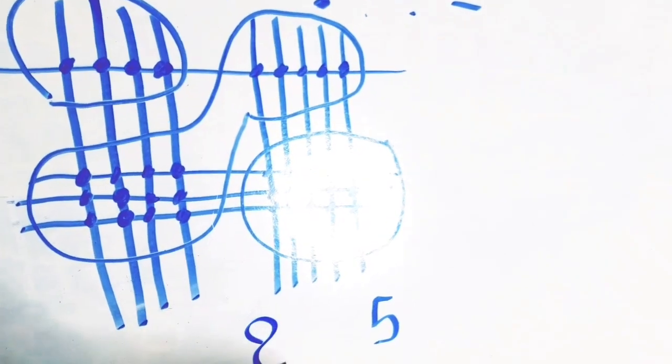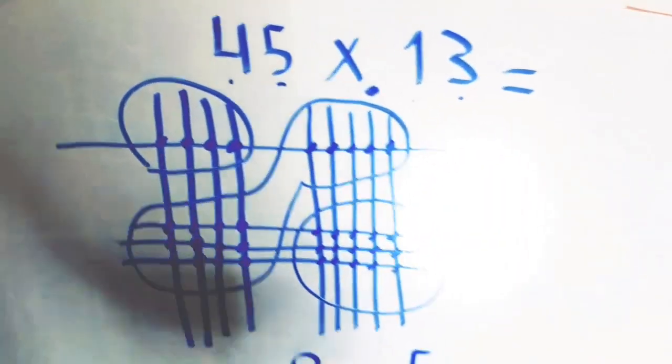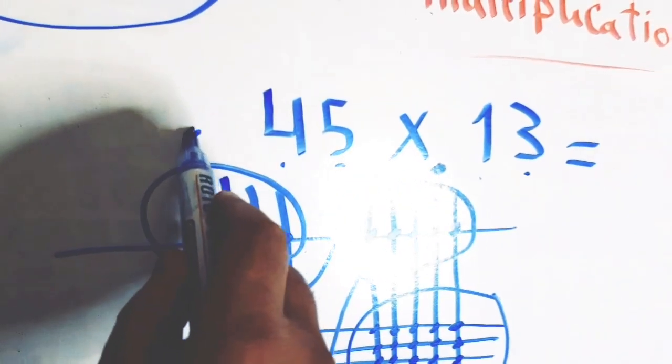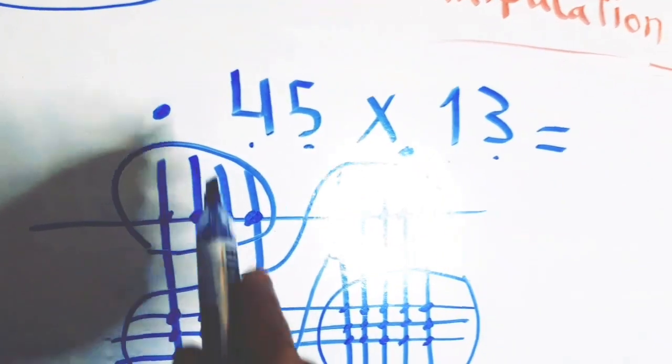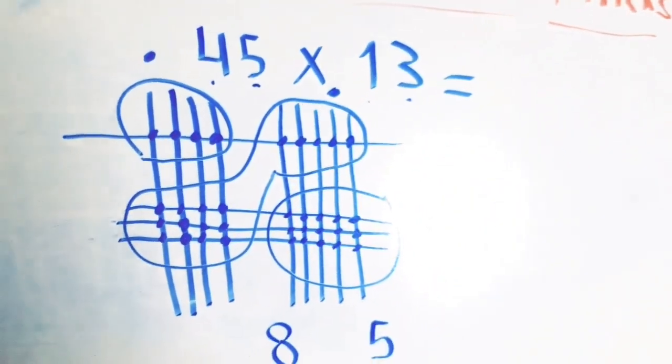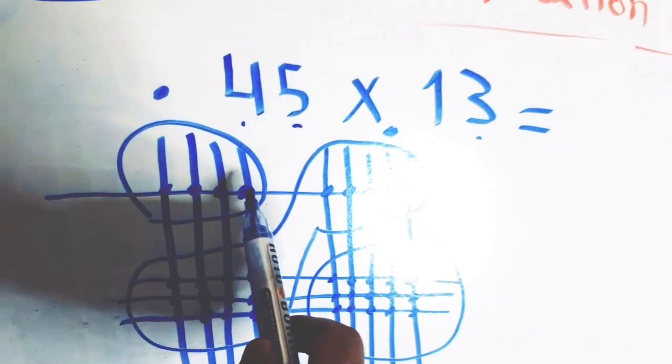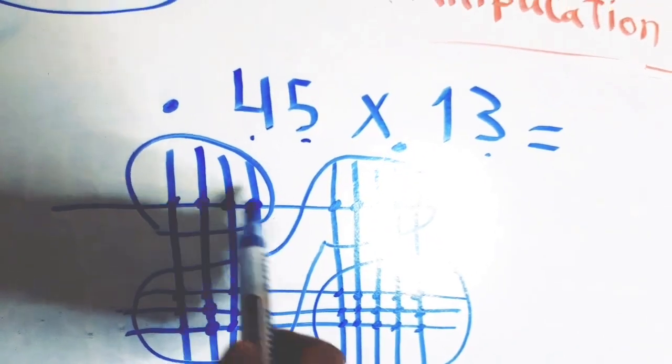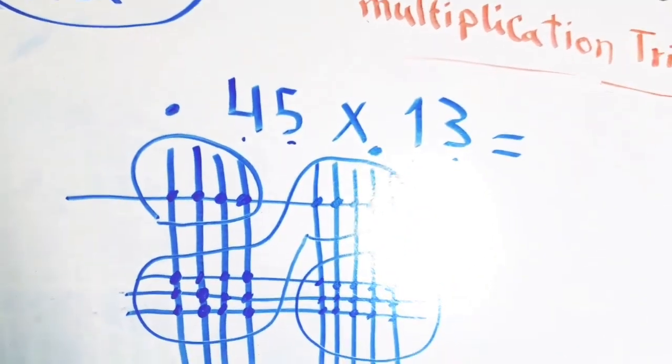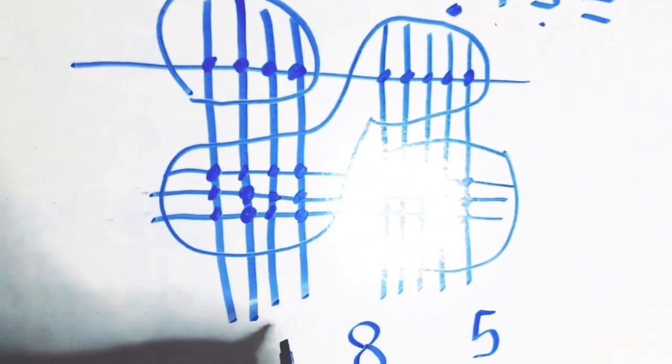We write it and carry forward 1 dot to the last intersectional zone. We count the dots. 1, 2, 3, 4. 4 plus 1 dot, so we get 5.